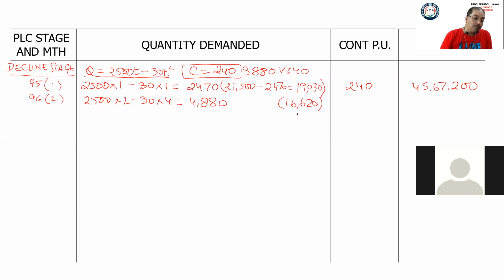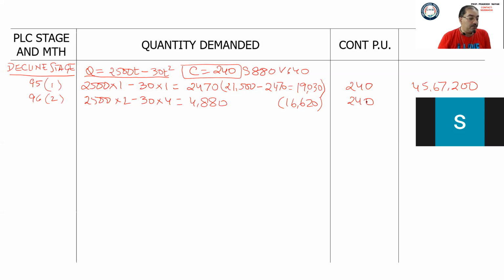My quantity 16,620 into 240 is 39,88,800.